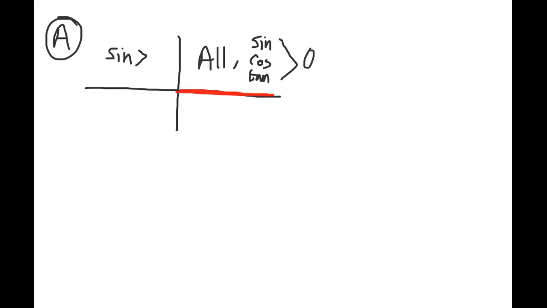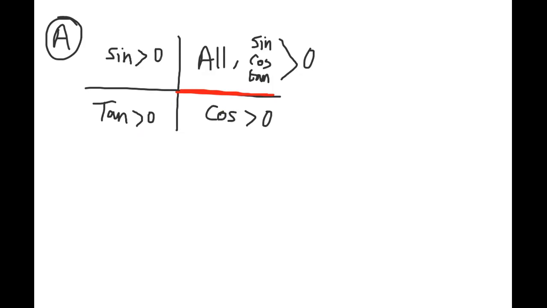If the angle starts at the initial side on the positive x-axis and finishes in the third quadrant, the only positive one here is the tan function. And the same for the fourth quadrant: the only positive one will be the cosine function.